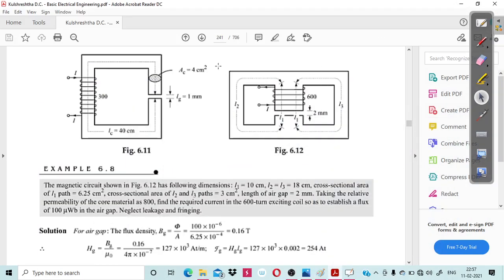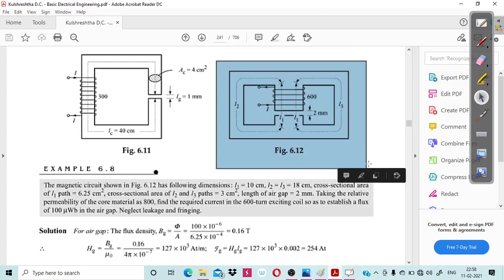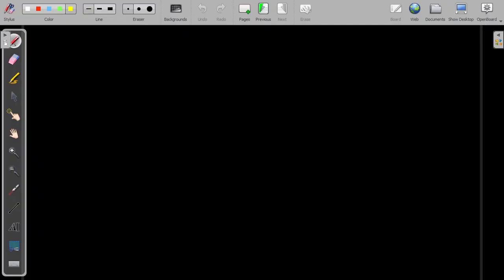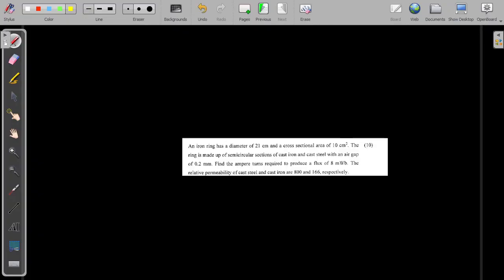Okay, this is our question, figure 6.12.